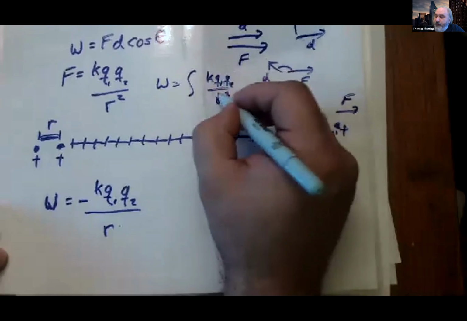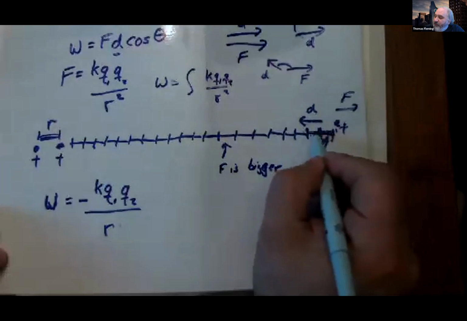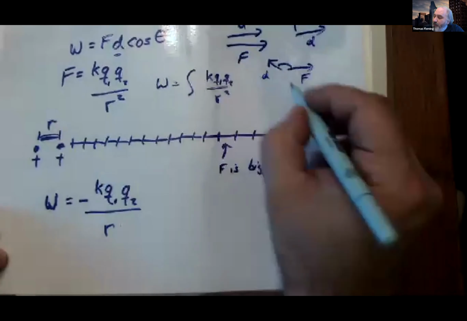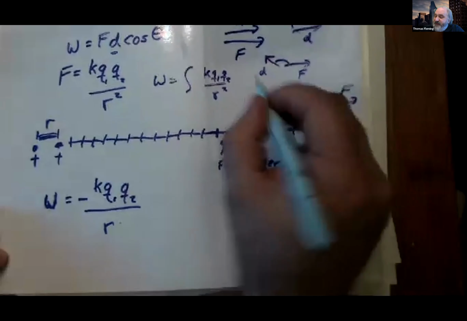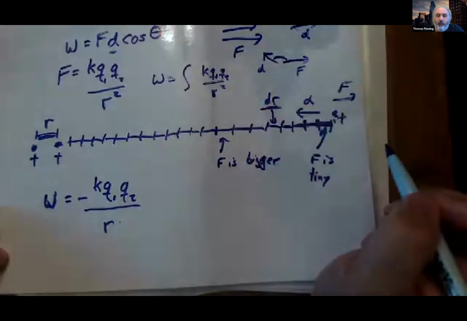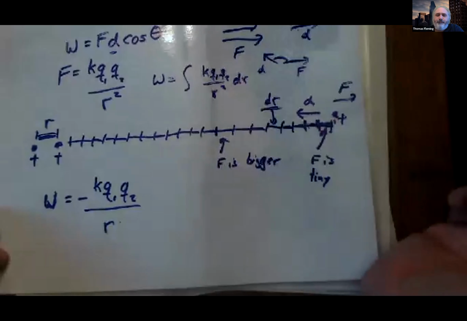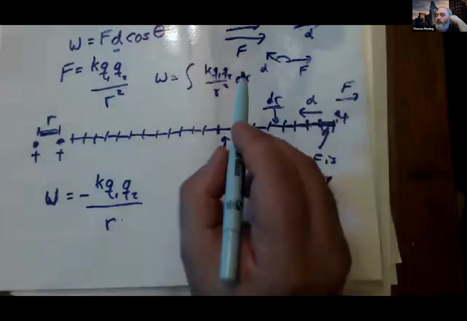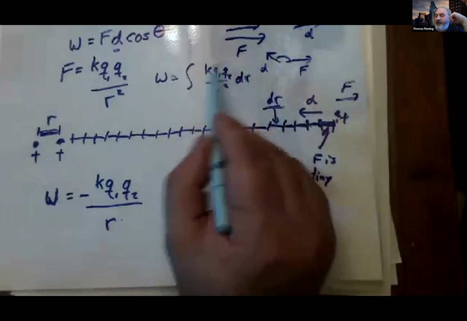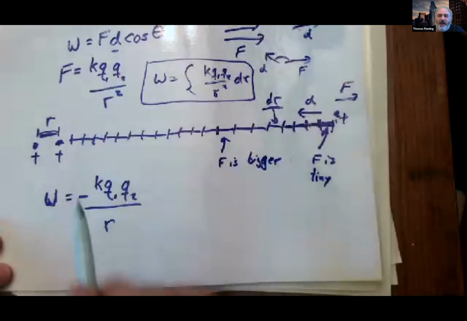That's F. And then the D: I'm always going tiny little distances, and I'm going to call each of those tiny little baby steps dr. So the D in this formula is what we call dr. That's what happened to it. When you do the calculus, it turns into this. I was just omitting this step because I was trying not to show you any calculus.